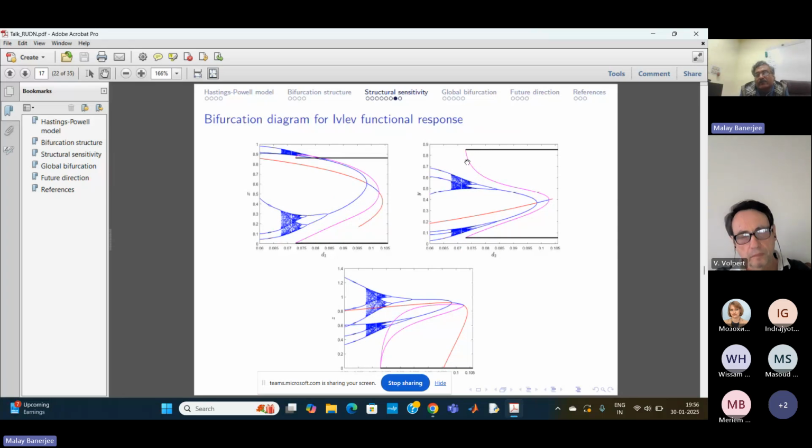So there is a saddle node bifurcation of this unstable limit cycle from the interior and the stable limit cycle on the XY plane. So the existence of the unstable limit cycle is not structurally sensitive, but the collision of the chaotic attractor with the unstable limit cycle, this is structurally sensitive.